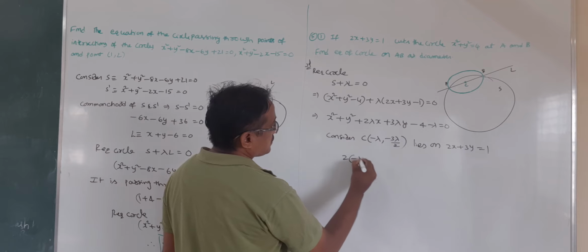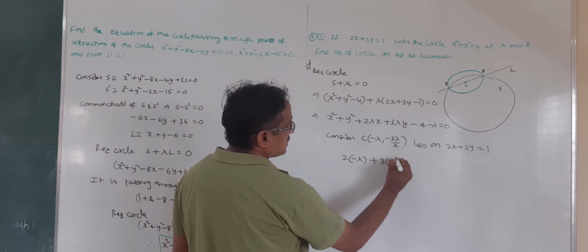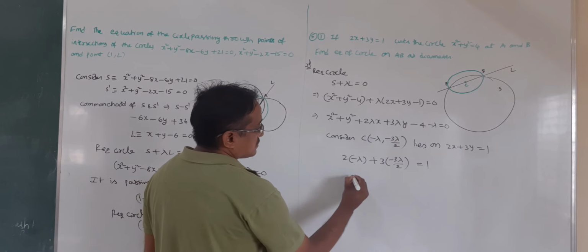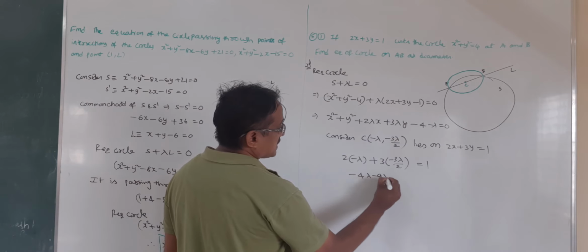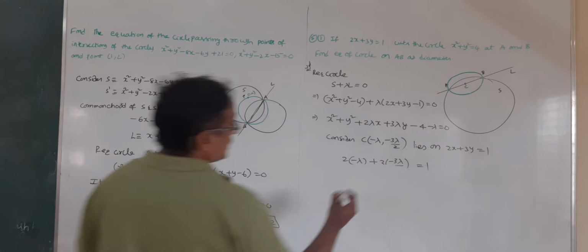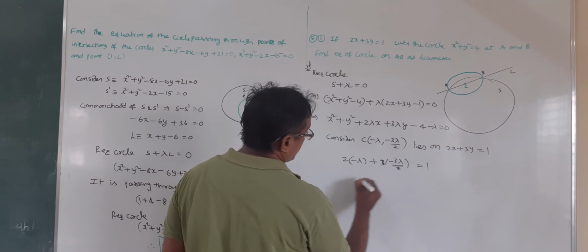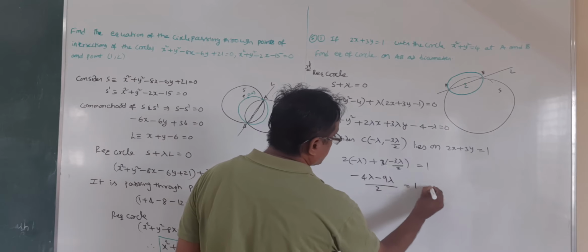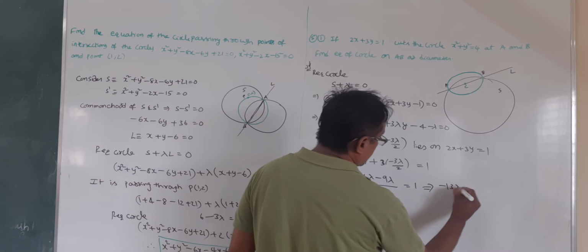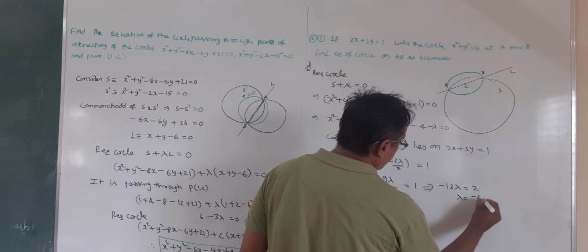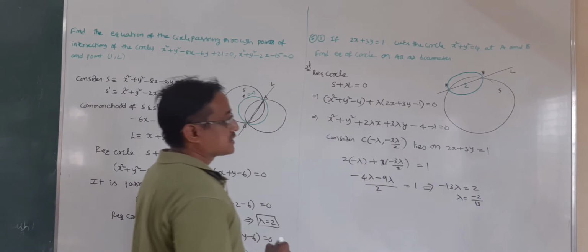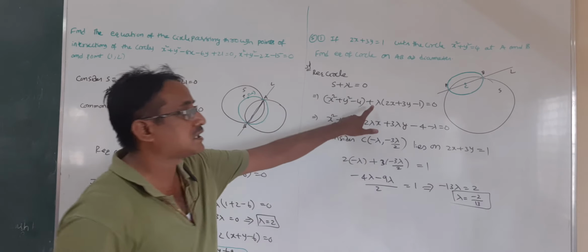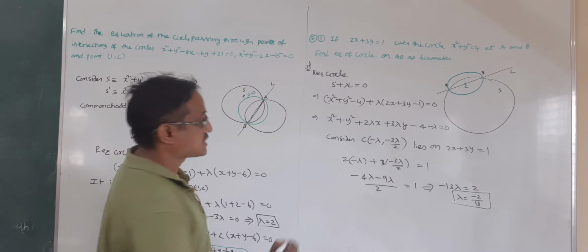So 2 into minus lambda plus 3 into minus 3 lambda by 2 is equal to 1. So minus 2 lambda minus 9 lambda by 2 is equal to 1. Minus 13 lambda is equal to 2. Lambda is equal to minus 2 by 13. Now you have to replace lambda in the required circle.